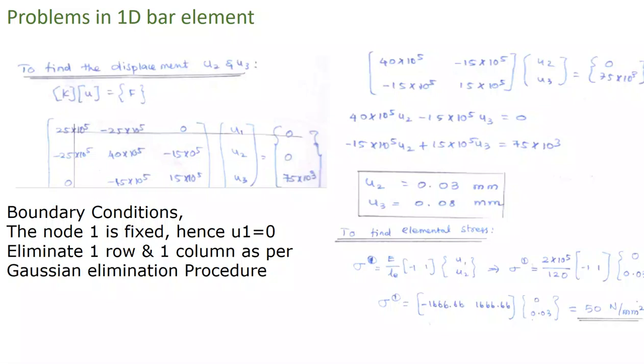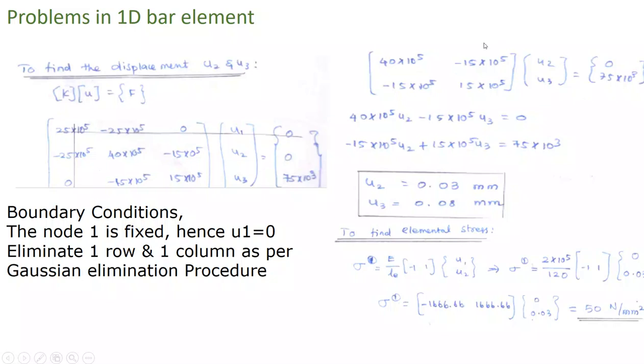Since node 1 has deformation 0, the corresponding row and column will be negligible based on the Gaussian elimination procedure. So first row and first column cancel, and the remaining matrix is 40 into 10 to the power 5, minus 15 into 10 to the power 5, minus 15 into 10 to the power 5, 15 into 10 to the power 5, times u2, u3, equal to 0, 75 into 10 to the power 3.